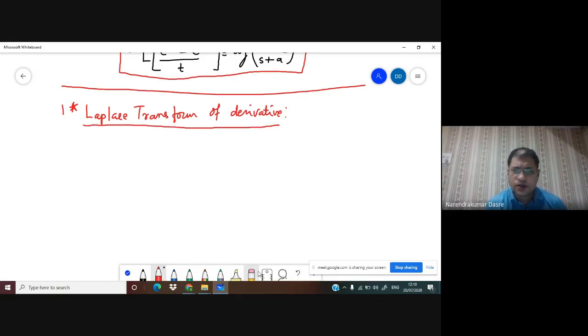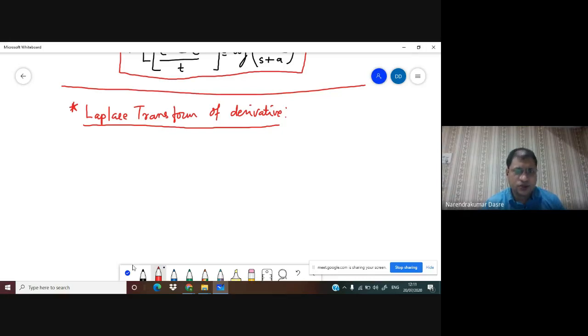As I have told you earlier, you always have to be careful. You should know the definition. In this chapter, the entire focus is on the definition of the Laplace transform. If you have understood the definition properly, then you are able to prove any property.